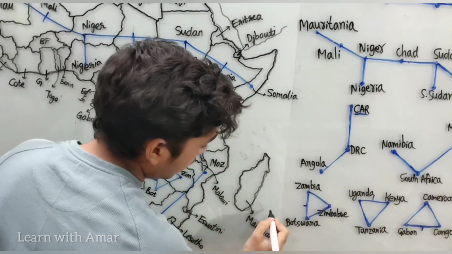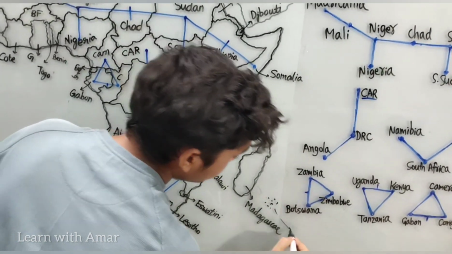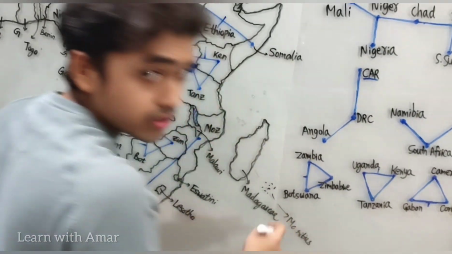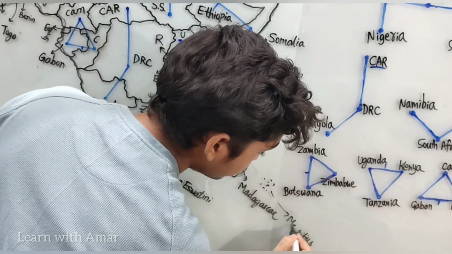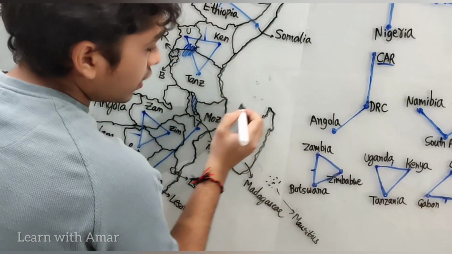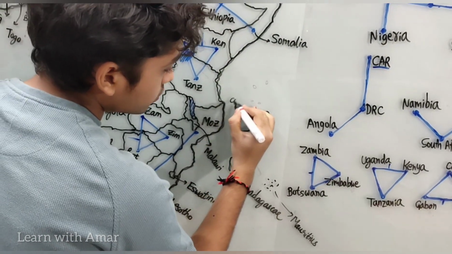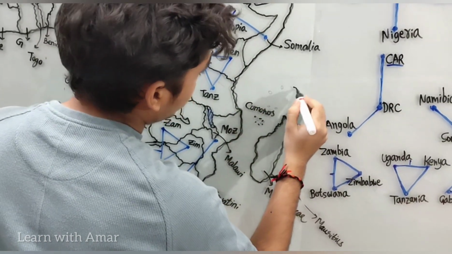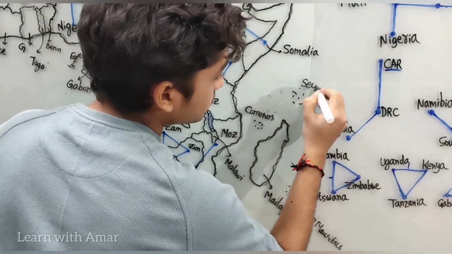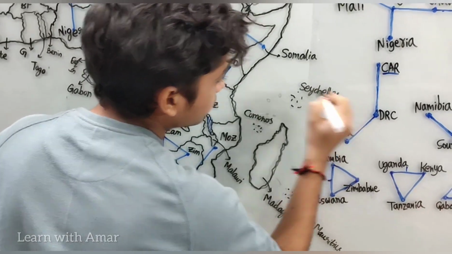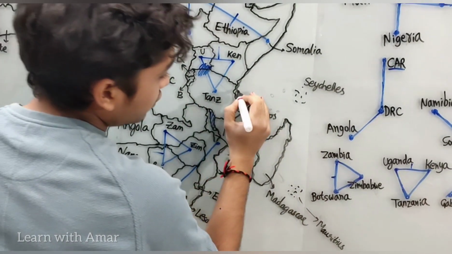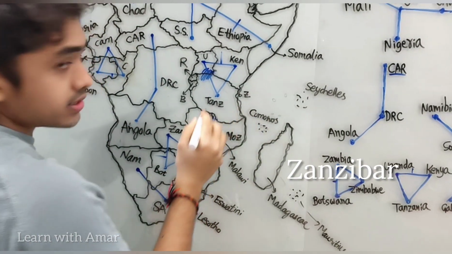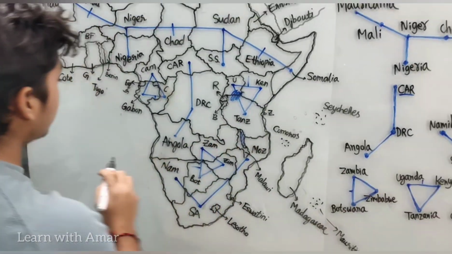Then we have Mauritius. We have Comoros, and somewhere over here we have Seychelles. Also we have a small island here. This is Zanzibar. It's not a country, it belongs to Tanzania, but it's a really important one, Zanzibar.